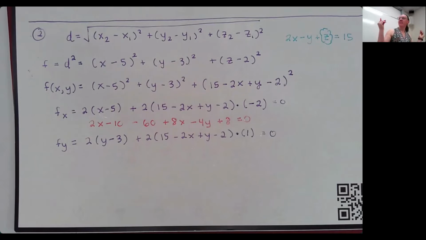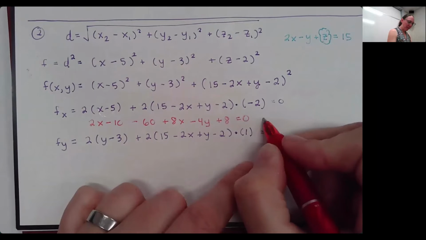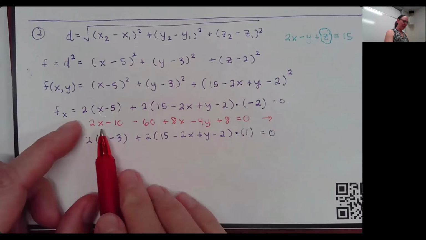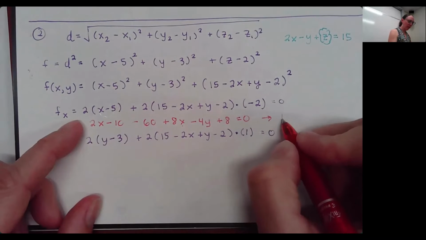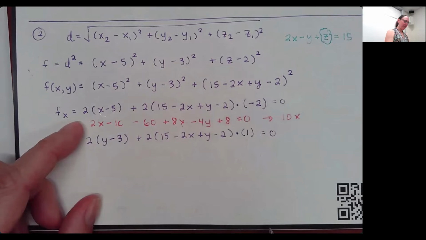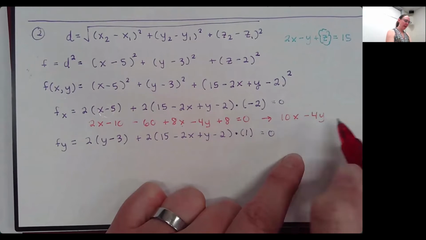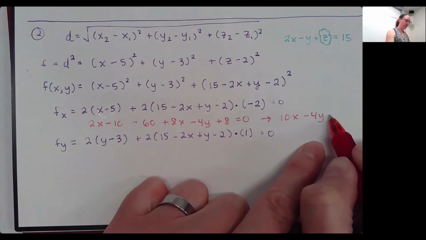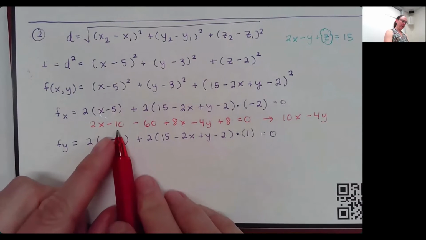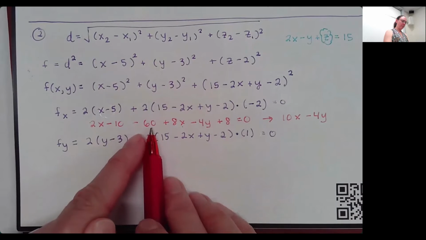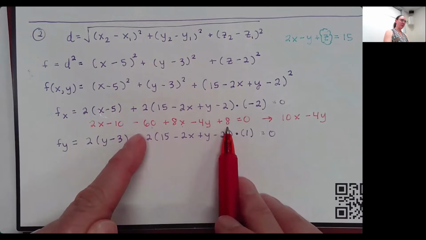So if I simplify that a little bit more, I've got a 2x and an 8x, so I will make that a 10x minus 4y. And combining all of my numbers, -10, -70, plus 8.